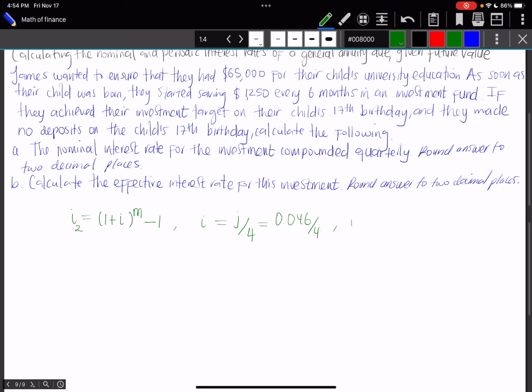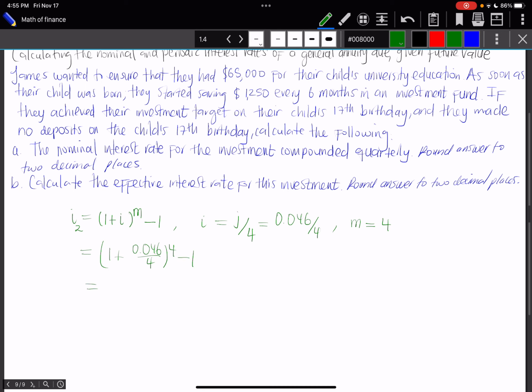And m here is 4 because interest is compounded quarterly. So once again, we have a 4. So we're talking about the effective interest rate being 1 plus whatever 0.046 over 4 is, all that raised to the 4, take away 1.